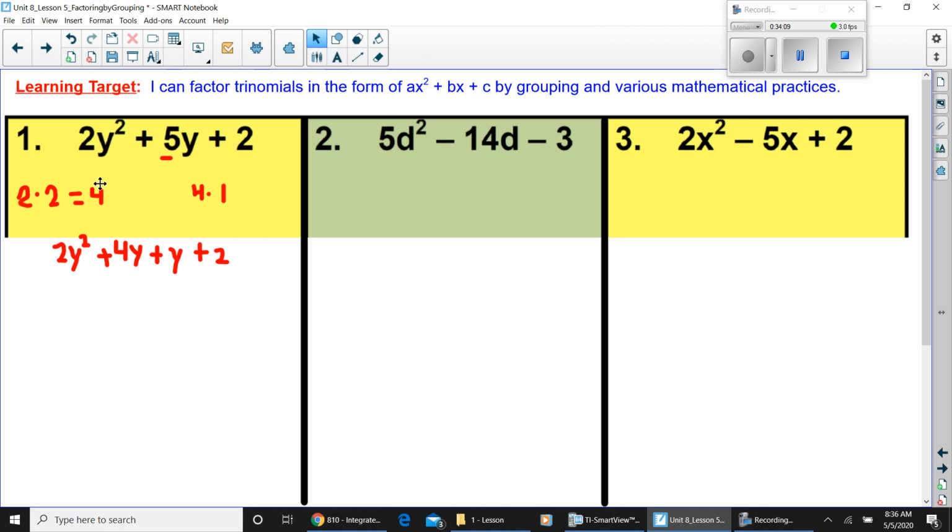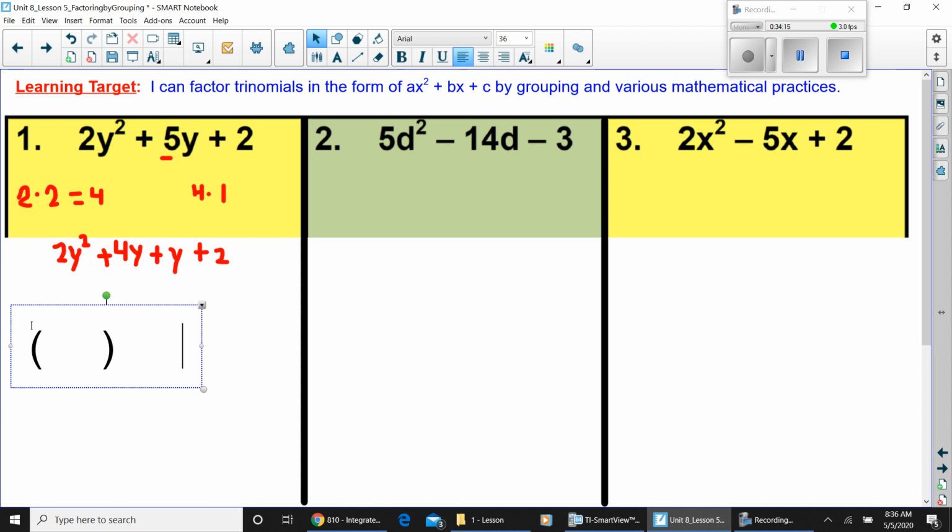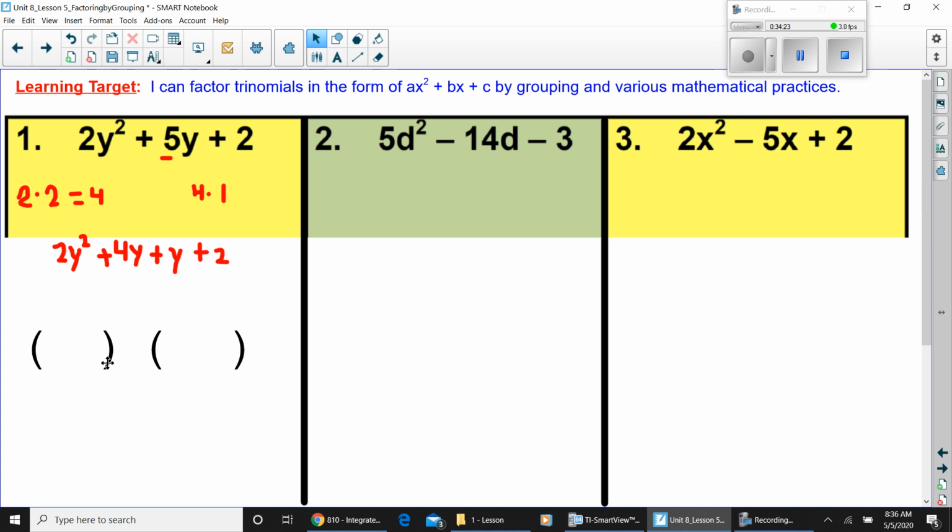Once I get to that, I know I have to get my greatest common factors out. I'm going to change the color here just to help you understand. The greatest common factor of 2y squared plus 4y.